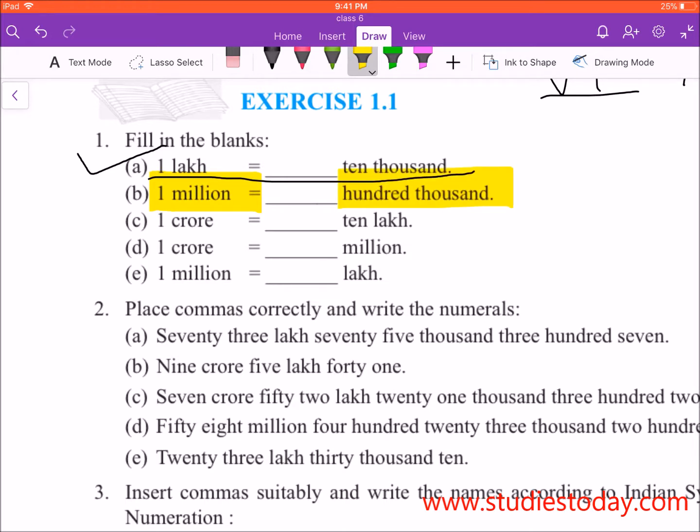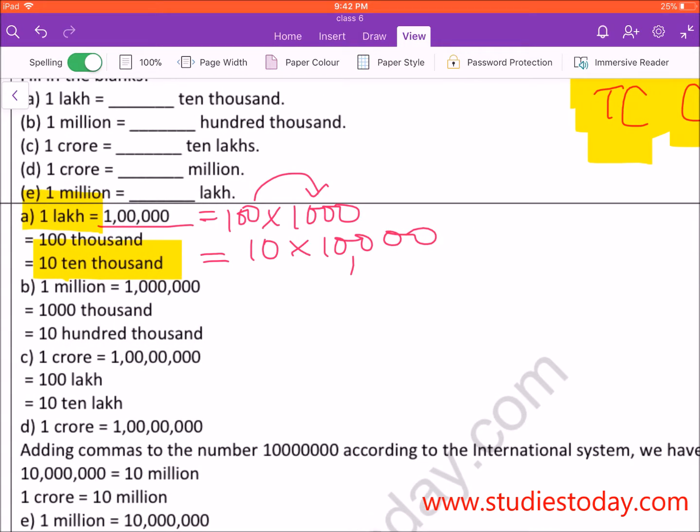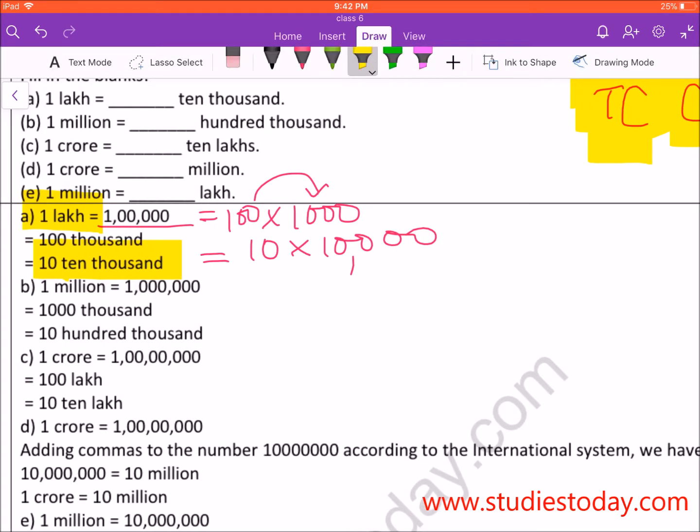The same way as we did there, we will make our international system of numeration, which we can write as ones, tens, 100, 1000, 10,000, 100,000, million, 10 million, 100 million.